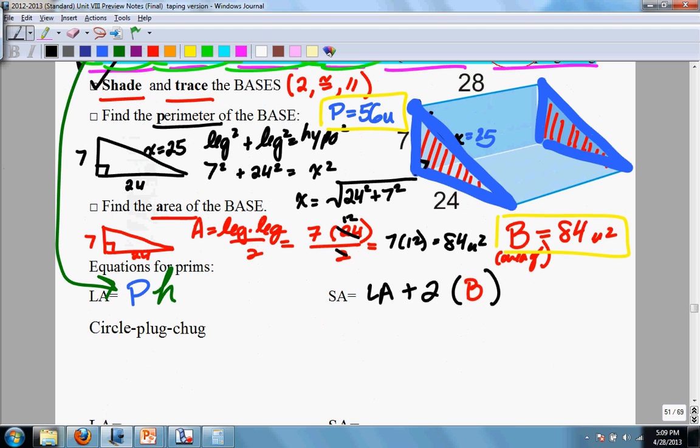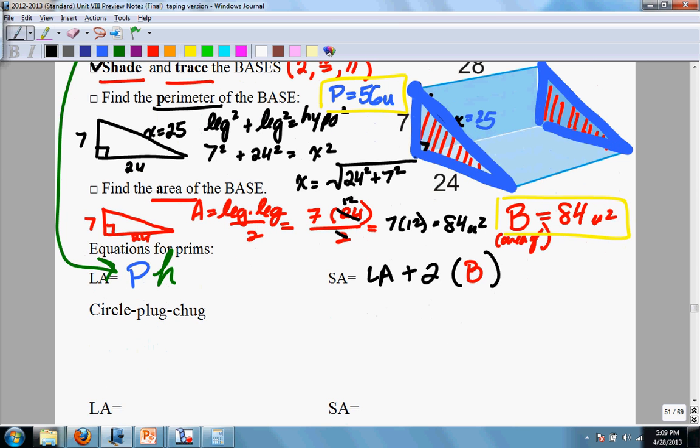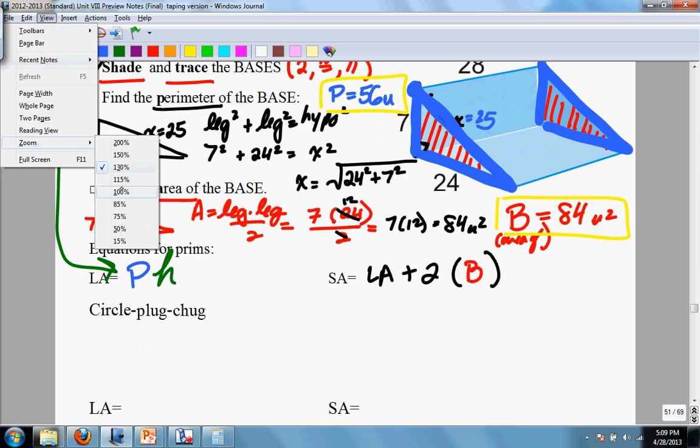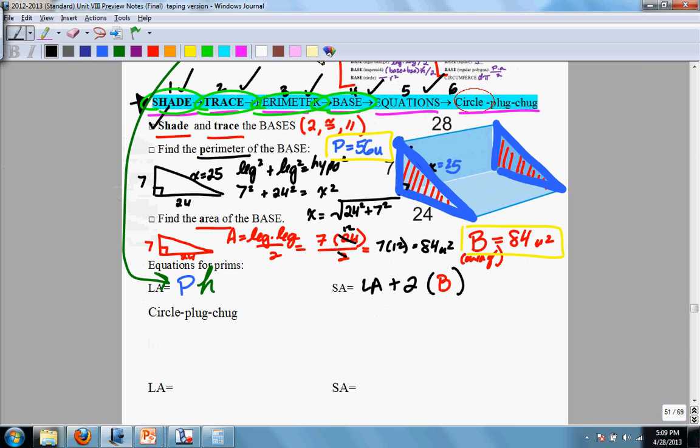Okay, ready? Now we circle, plug, chug. Circle perimeter. We have the perimeter already, so we're going to bring it down here. It's 56. Height is the distance between the bases. Our height here is 28.